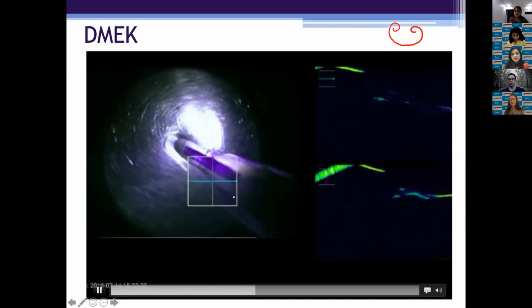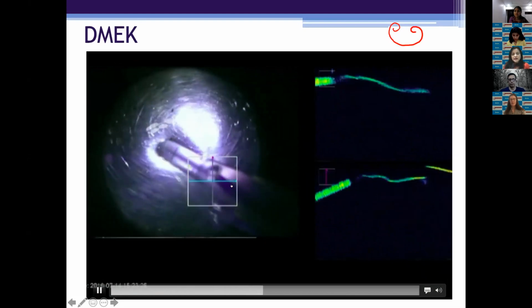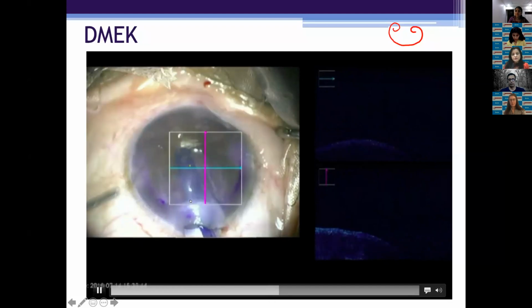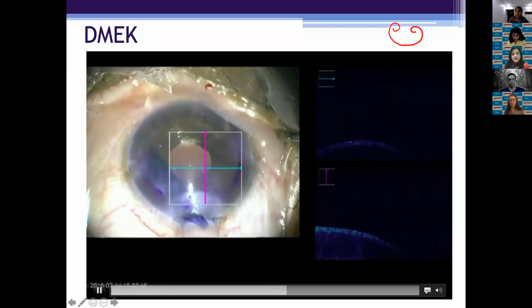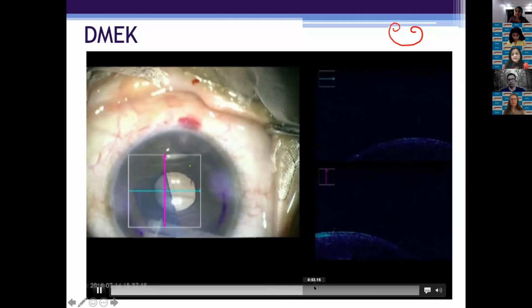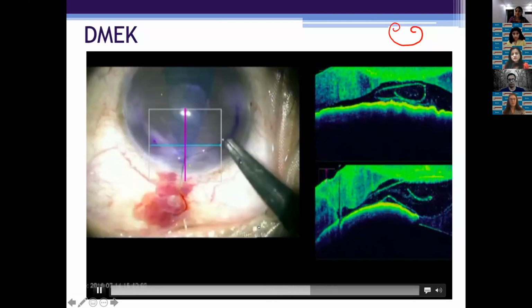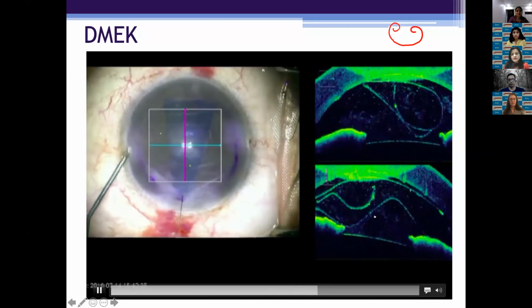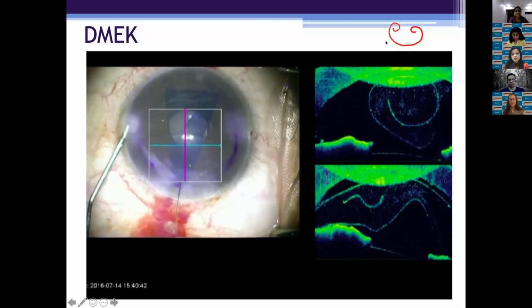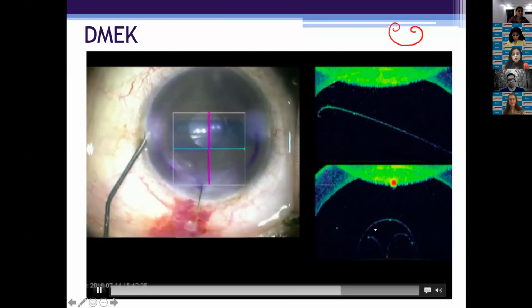There was a question on the chat, what am I using? Earlier we were using IOL injectors, and this is the Acrysof cartridge which is being used, with no proprietary interest. The graft is placed inside, and the exact orientation of the graft you come to know through this. What you have to look at here is this, which is shown on the top here in red. And now you know that it is upside down.